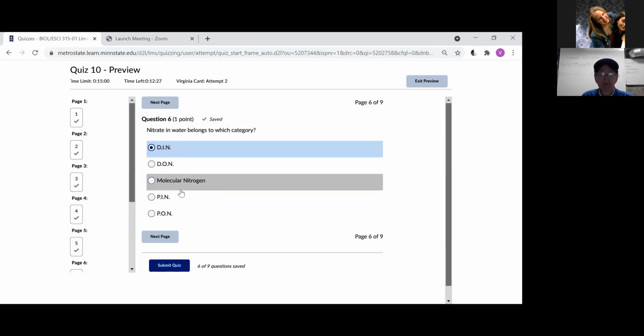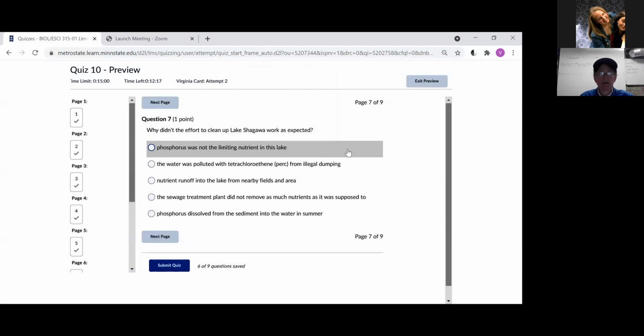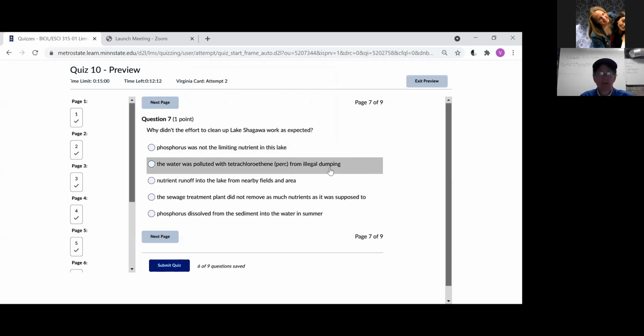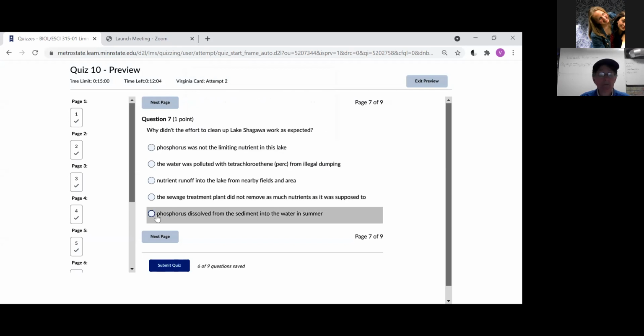Yeah, it's a molecule, but molecular nitrogen means N2, so it must be DIN. Why didn't the effort to clean up Shagawal work as expected? There is a tetrachloroethane problem in this lake, but that's not the problem. Yeah, internal supply.